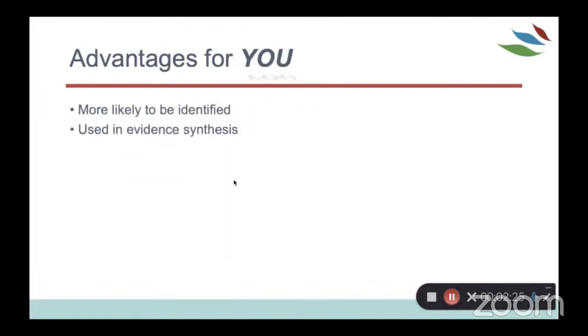So in addition to improving science as a whole, there are some specific advantages for you in terms of not only operating from an open science perspective, but operating in a way that will make your research synthesis ready. If it's synthesis ready, we consider it more likely to be identified by people that are doing a literature search for your study. If it's lost somewhere and not archived well, then it may be very difficult to be identified and used in an evidence synthesis.